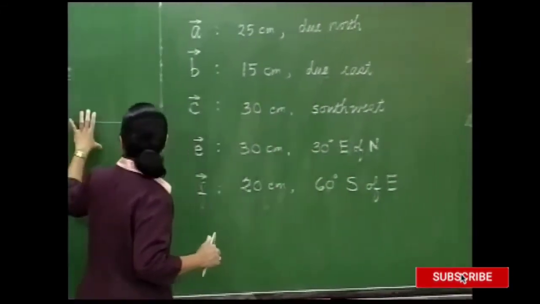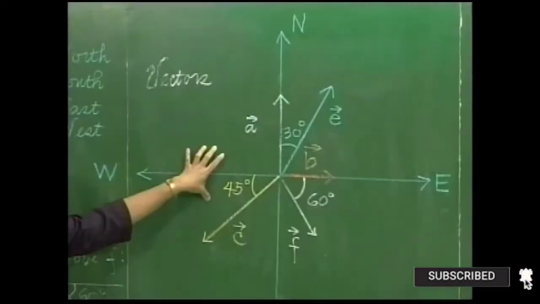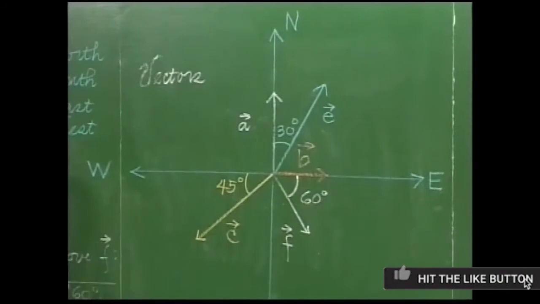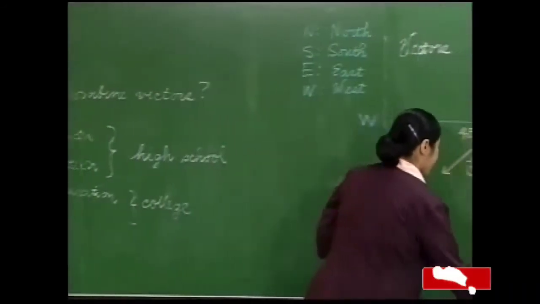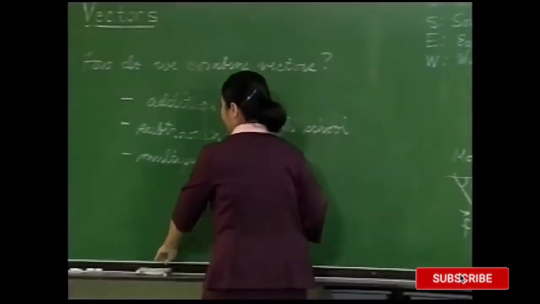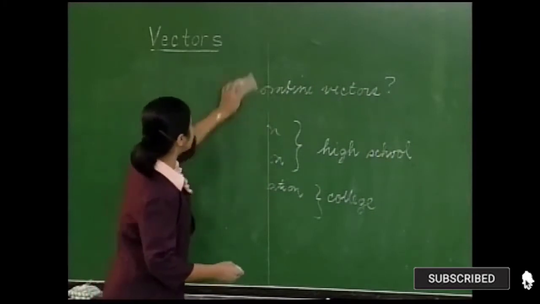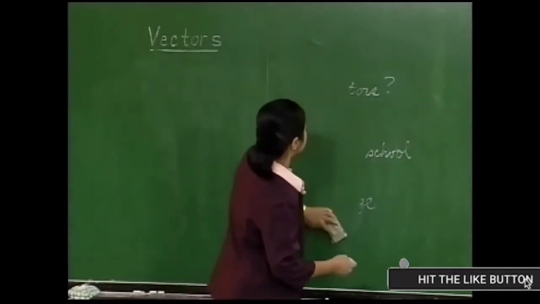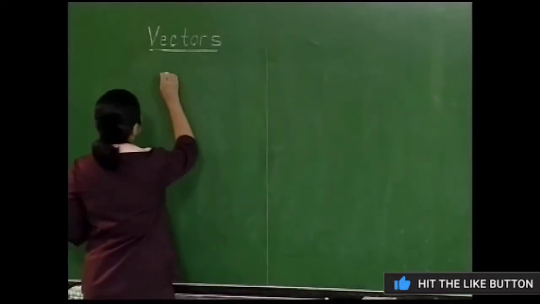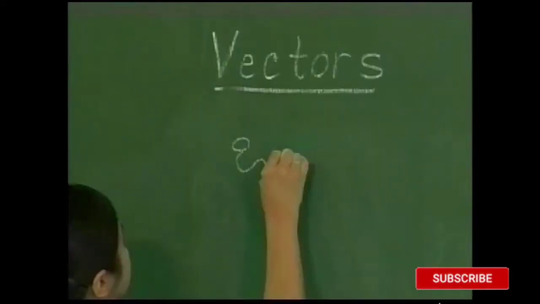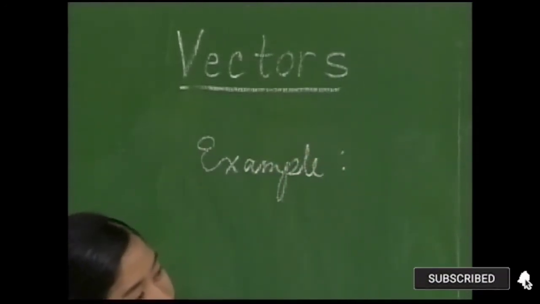So let's look at this example. Let's see if you can add this. So suppose now I will add 3 vectors. So another example. What would you like to add?